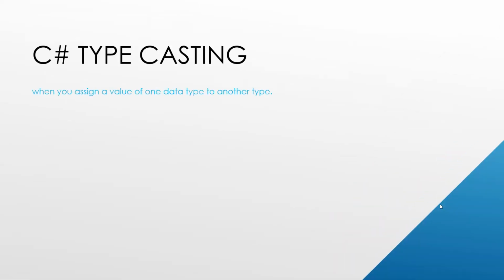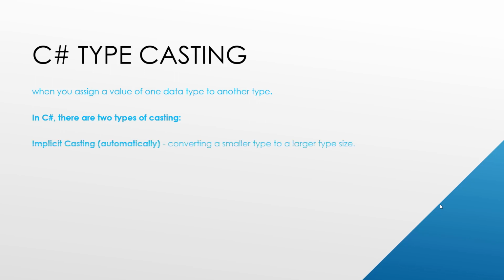Okay. What is typecasting? When you assign a value of one data type to another data type, it is called casting. In C#, there are two types of casting. One is implicit casting, which will be performed automatically, like converting a smaller type to a larger data type. It is done automatically when passing a smaller size type to a larger size type.